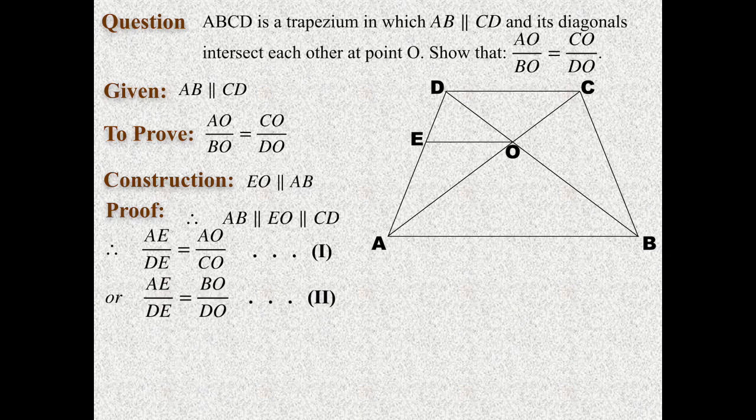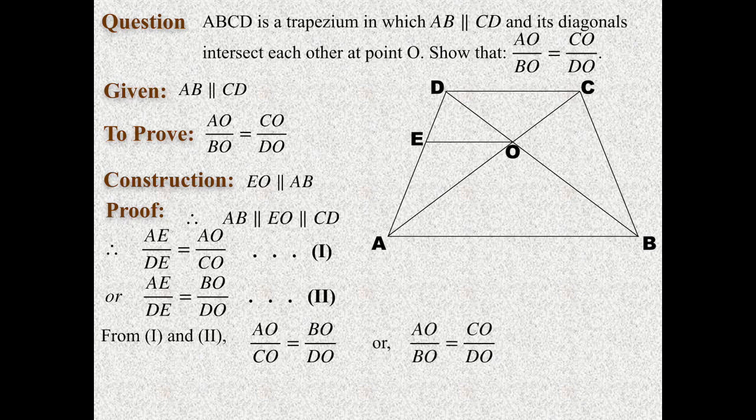On comparing result 1 and 2, the left hand side ratio is same in both the results. So we can write AO upon CO is equal to BO upon DO, or on cross multiplying BO and CO, we get AO upon BO is equal to CO upon DO. Hence, the required result is proved.